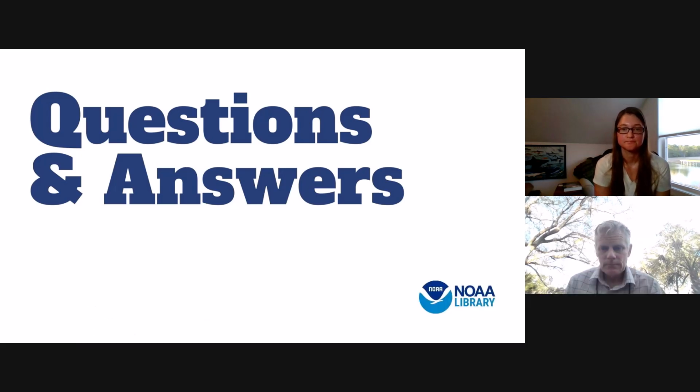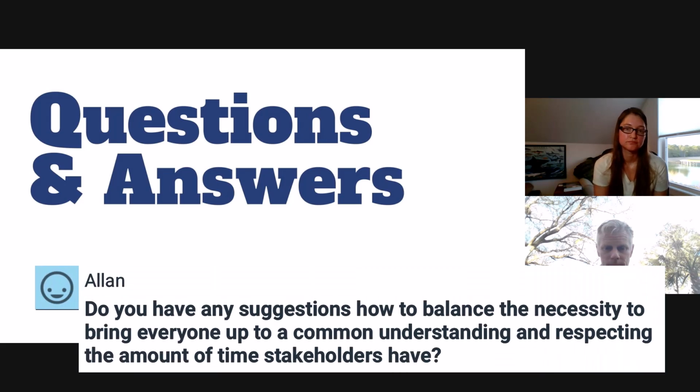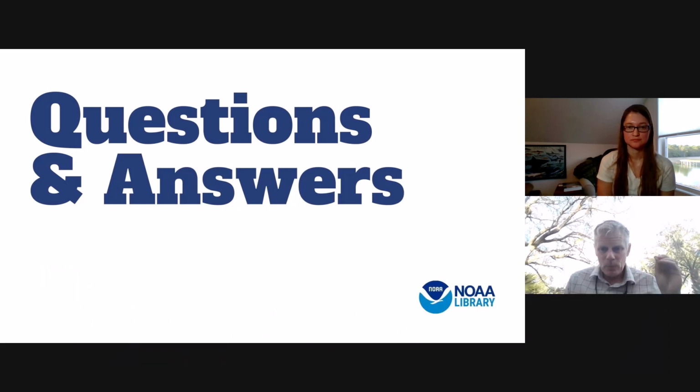Okay. And our next question is: do you have any suggestions how to balance the necessity to bring everyone up to a common understanding and respecting the amount of time stakeholders have? I think some suggestions are start at the end in terms of what you're trying to get stakeholders to provide to the process. And if they don't need a common understanding of all parts of it, then maybe they don't.